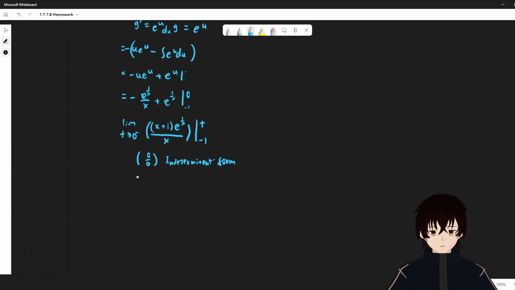This is equal to x plus 1 over e to the power 1 over x. What's the derivative of that?